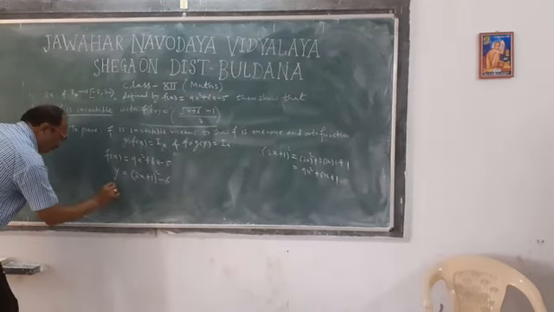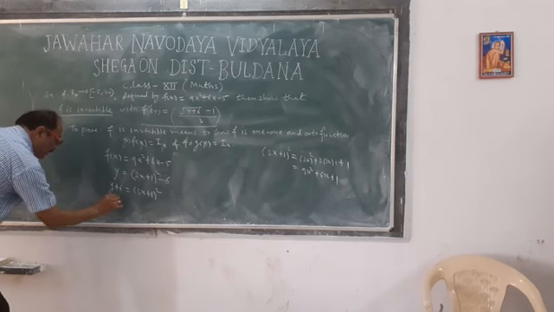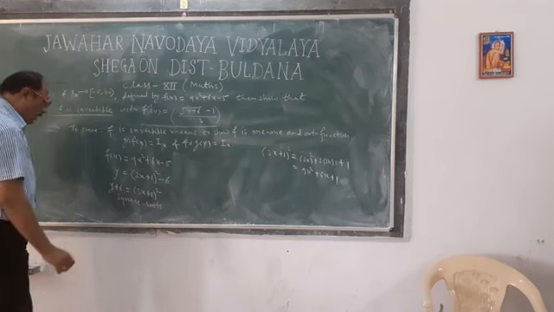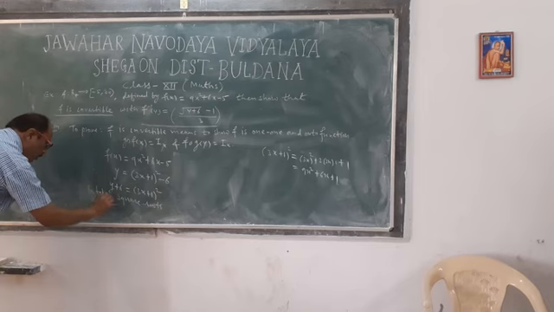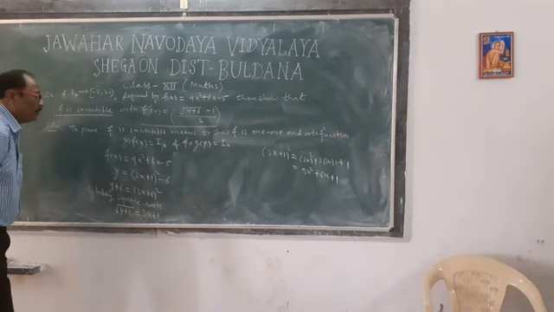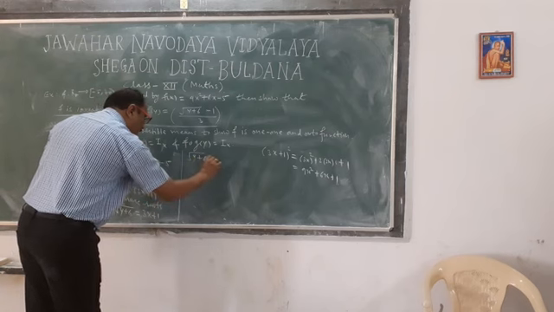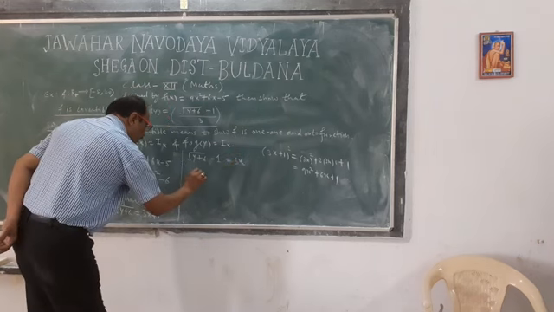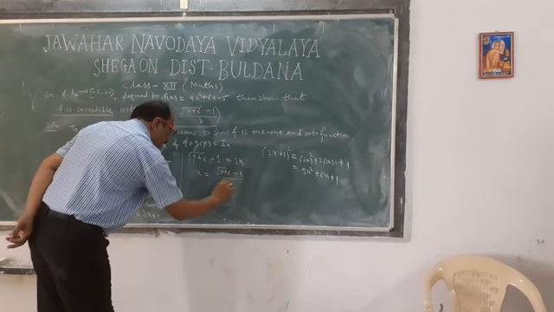Therefore, y plus 6 is equal to 3x plus 1 whole square. We take square roots on both sides. By taking square roots, we get square root of y plus 6 is equal to 3x plus 1, means minus 1 is equal to 3x, means x is equal to square root of y plus 6 minus 1 upon 3.